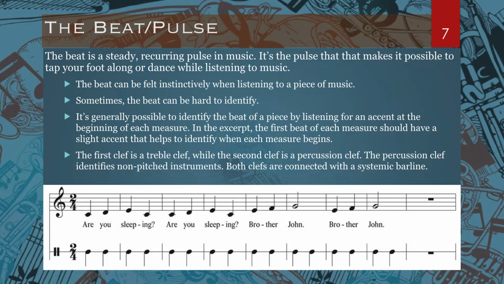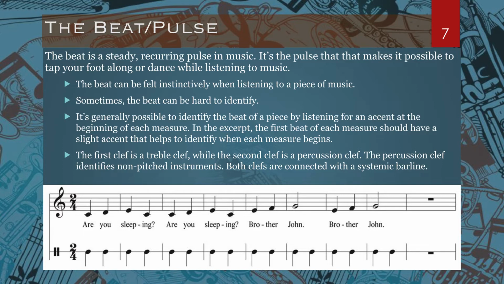It's generally possible to identify the beat of a piece by listening for an accent at the beginning of each measure. In the excerpt below, the first beat of each measure should have a slight accent that helps to identify when each measure begins. So that first clef you see there is a treble clef. The clef below it is actually a percussion clef.